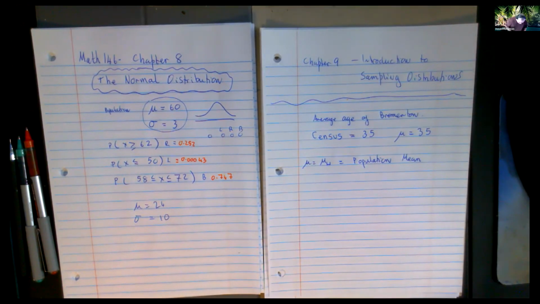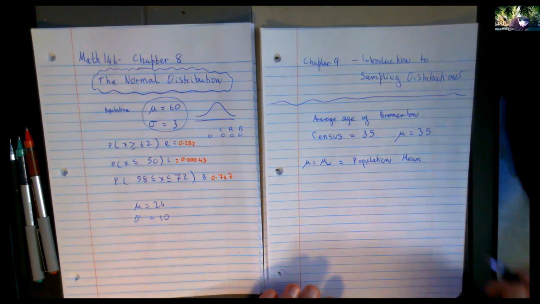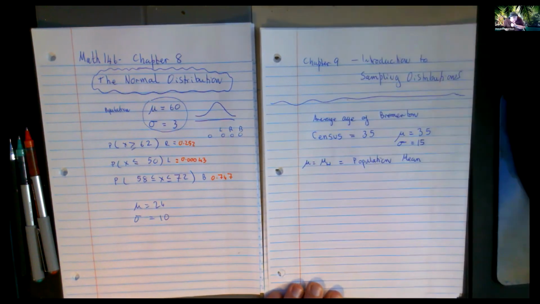Okay. Now, while I was collecting the data on the mean, I also collected what the standard deviation was, and it ended up being 5. Okay, it ended up being 15. That looks more realistic.